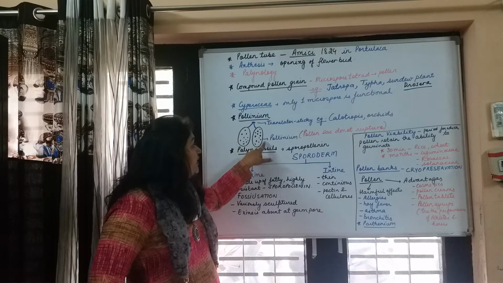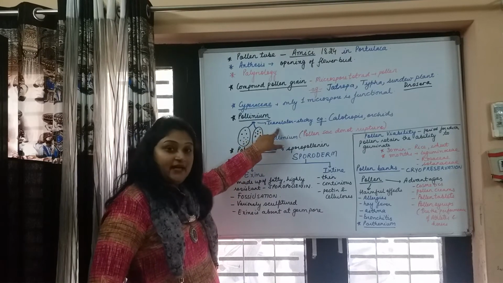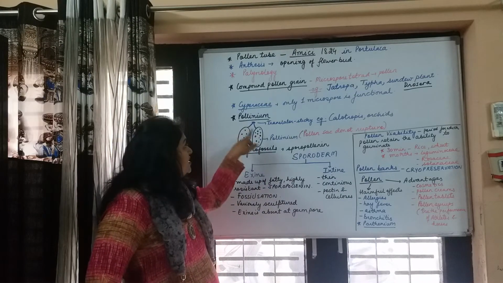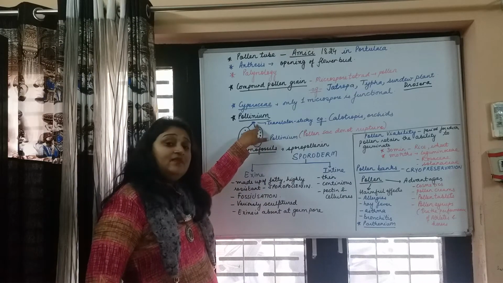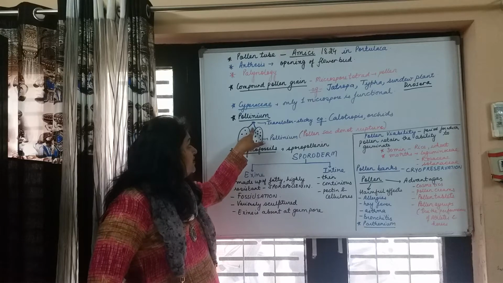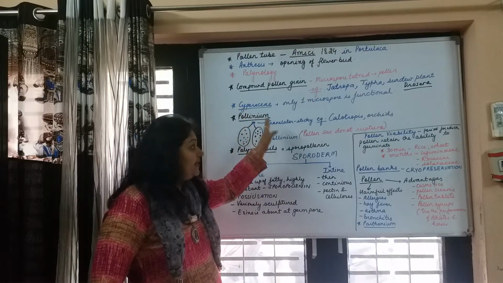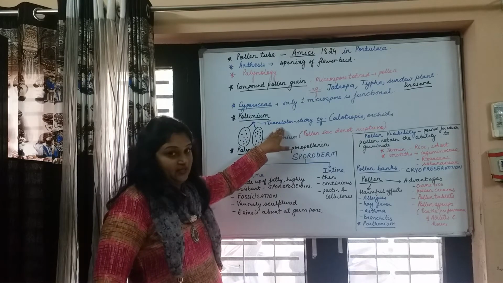The 2 polliniums are attached with a translator which is sticky. And when the insect just sits, this translator sticks to the body of a bee or any insect, and these get pollinated.